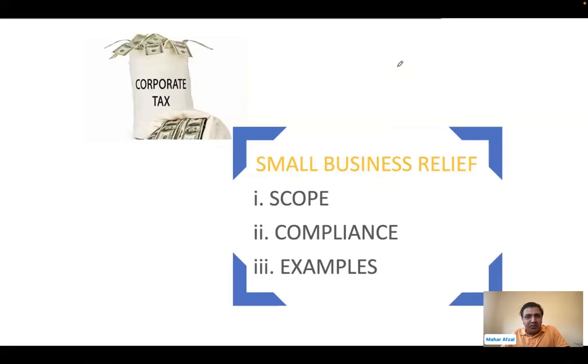First is the scope: we will see which taxable persons, natural persons, resident taxable persons or non-resident taxable persons, can opt for small business relief and which cannot. Then, for those opting for the relief, we'll look into the compliance requirements.